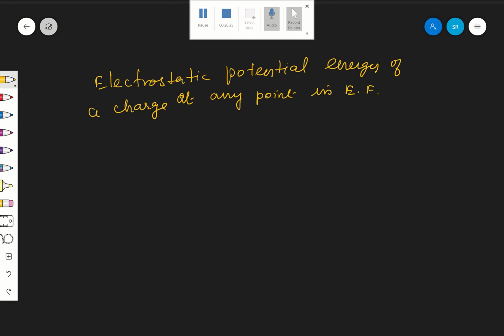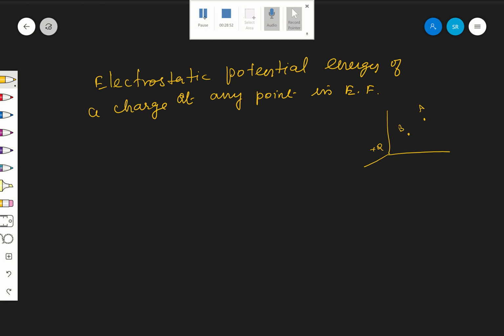So far what you have said is the potential energy difference of a charge, but here we are going to say the electrostatic potential energy of a charge. Just now we have seen, if I have a charge plus Q here, and here is A and here is B. Okay, therefore what is that?